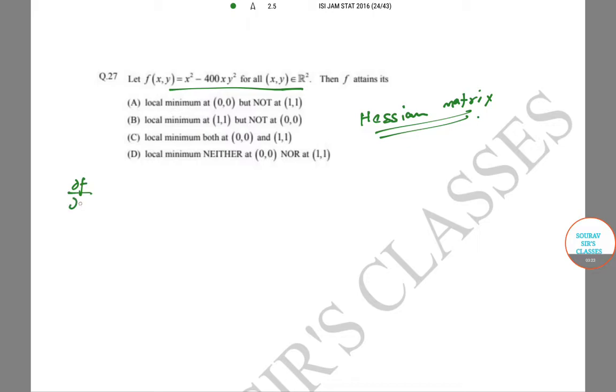Firstly, dou f dou x is equal to 2x minus 400y squared, and dou f dou y is equal to minus 400x times 2y, which is equal to minus 800xy.